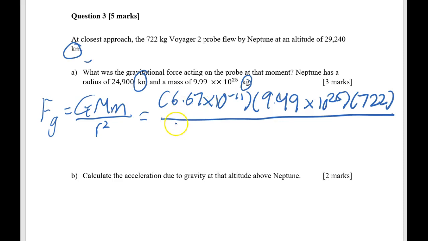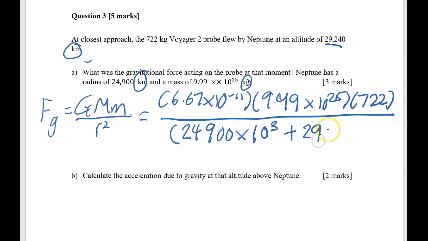Number one, you have to consider the radius of Neptune, 24,900 km times 10 to the power 3 at the back. Please change to meter, otherwise you get it wrong. Plus the altitude here, another big number, 29,240 times 10 to the power 3.